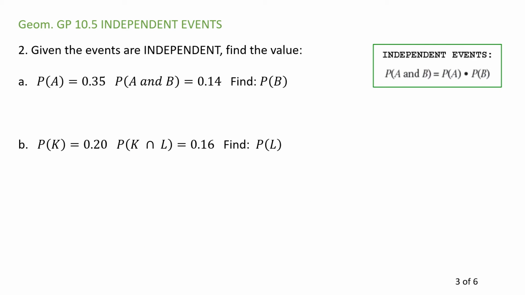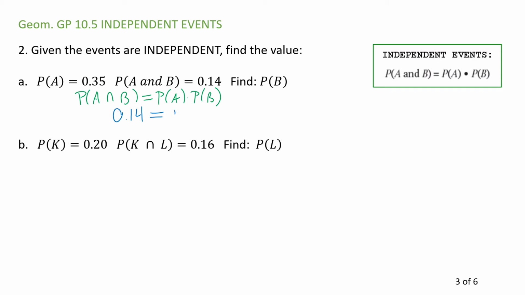All right, well, on this one, I'm telling you that they are independent. So the formula is probability of A and B must be equal to the probability of A times the probability of B. I'm just going to fill this in. The probability of A and B, they tell me, is 0.14.